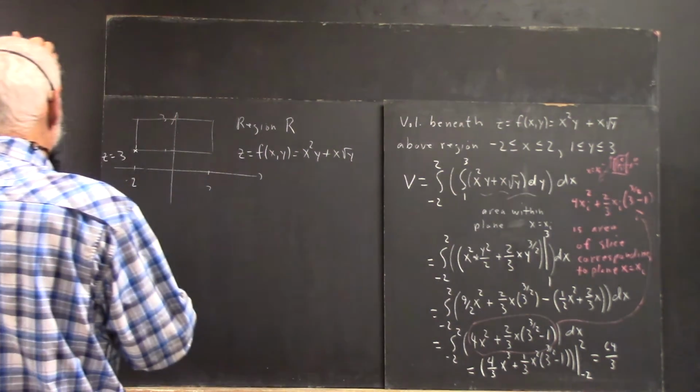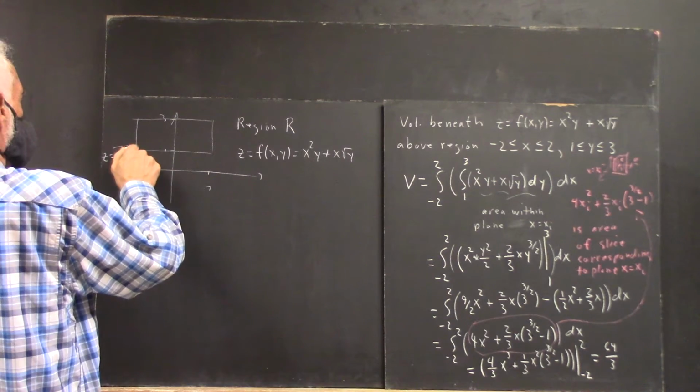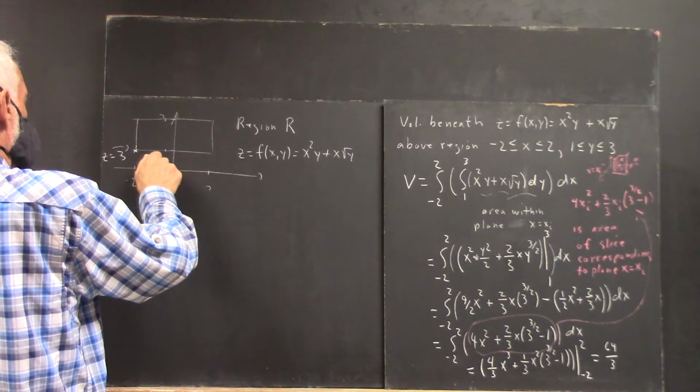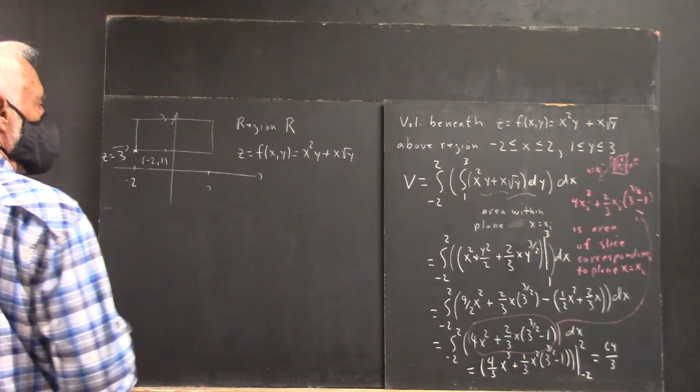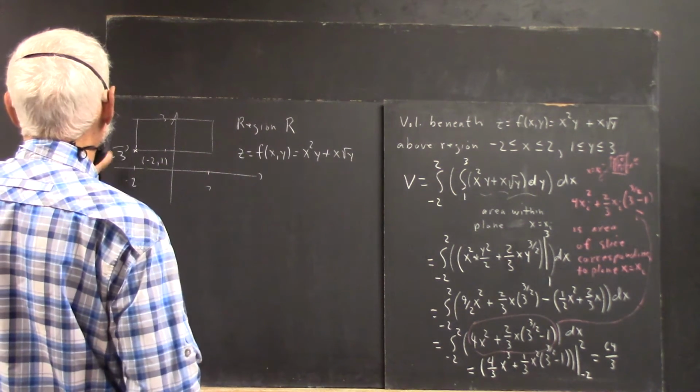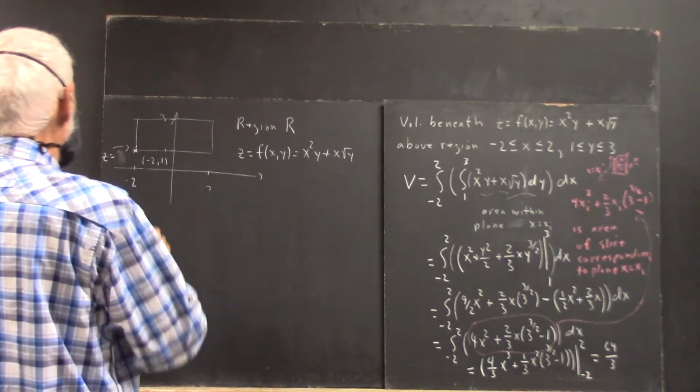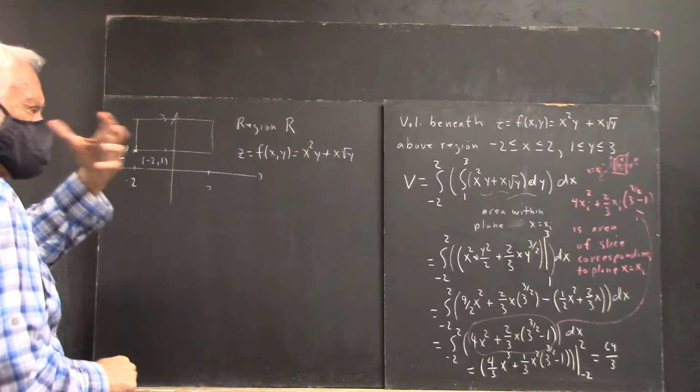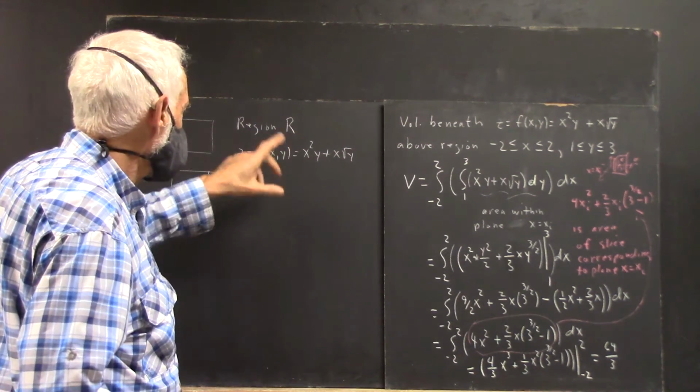Z equals 3 here. And this is, of course, the point -2, 1. Oh, wait a minute, it's 2. Got that 1 in my head. Things aren't locking in like they should.